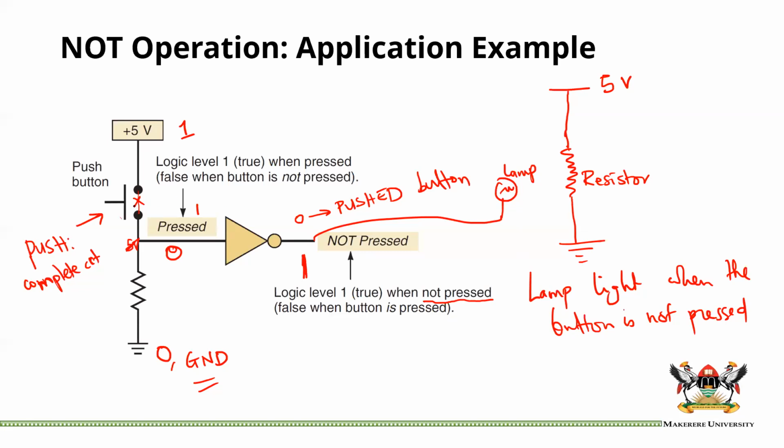If you press, this 5 is here, which is 1. 1 changes to 0, meaning that you have a 0 going into your lamp, which will go off, because a 0 going into a lamp is not going to light it up. So that is the NOT operation, and you can see this is a very simple application scenario that can help you determine whether a push button is pressed or not pressed.